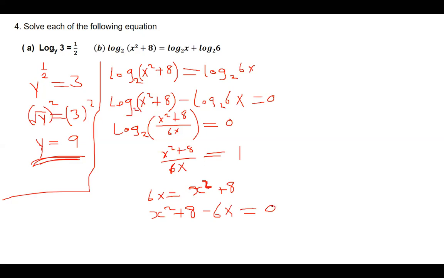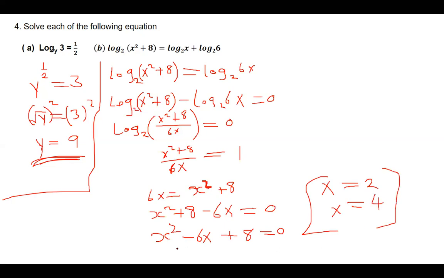There's no one who can fail to solve a quadratic equation by this level, I'm sure. I want you to finish it up. The values of x that you are going to find are x is equal to 2 and x is equal to 4. These are the two values of x that you should find after solving this quadratic equation.